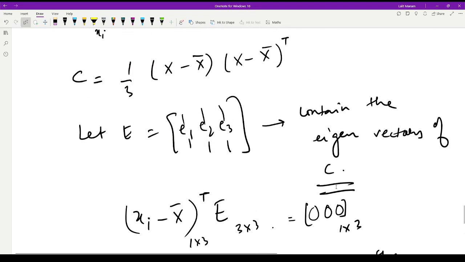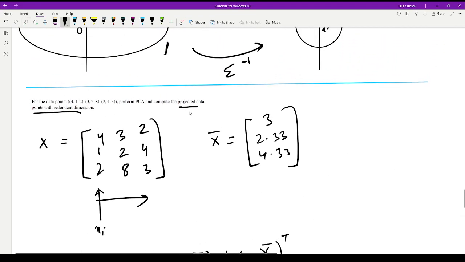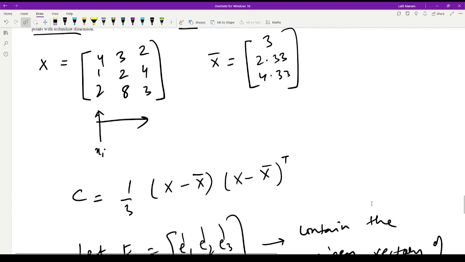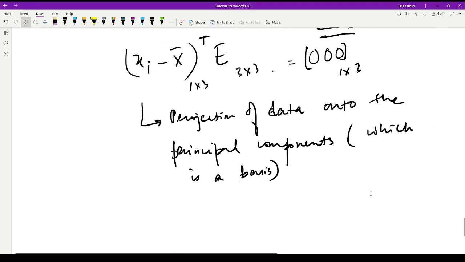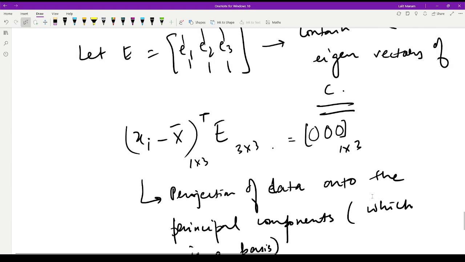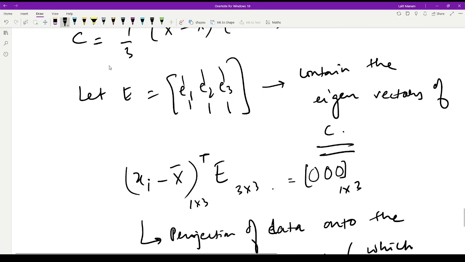And what does the question demand? The question demands us to put the projected data points with redundant dimension. So once we have this projection, what is the redundant dimension? For instance, if you have placed E1, E2, E3 such that these correspond to lambda 1, lambda 2, and lambda 3, the redundant dimension is what?